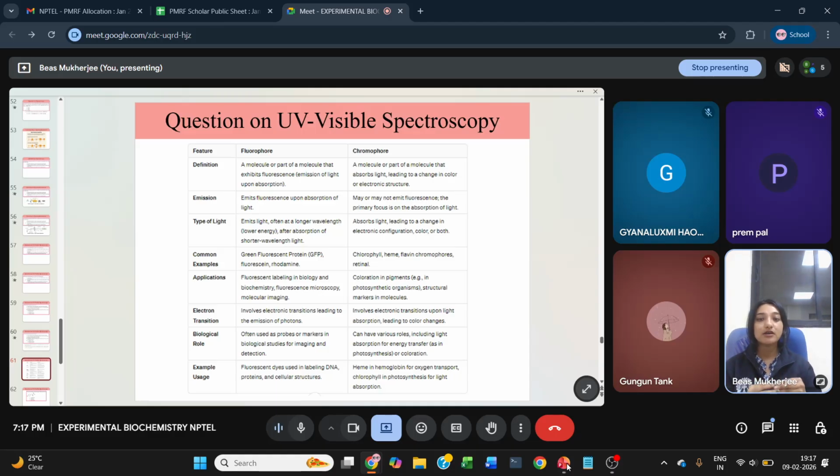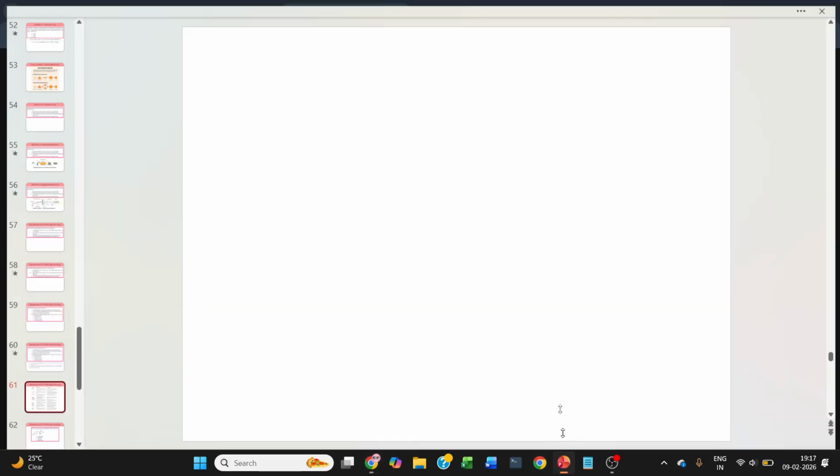Then we have the heme group in hemoglobin for oxygen transport, which gives hemoglobin its red color. Chlorophyll in photosynthesis gives the green color to plants. Those are all chromophores, right? Absorption of light, so emits light.